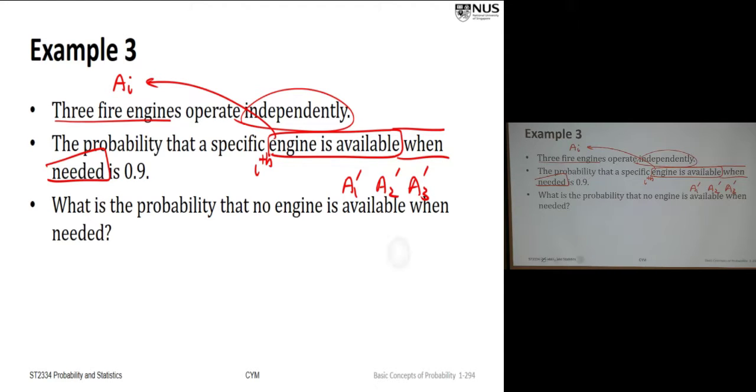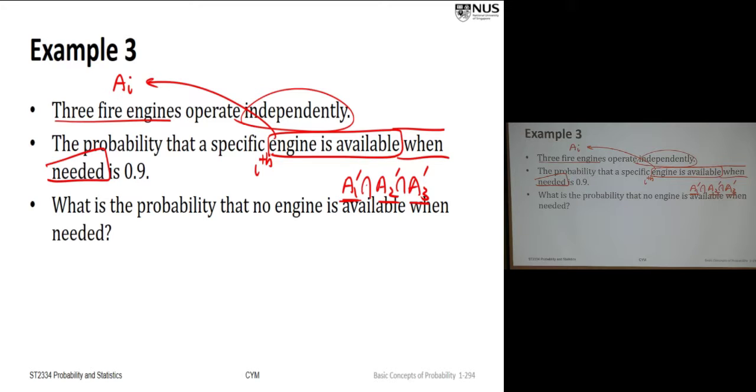So we need all these 3 to happen together. Am I right? No engine available means A1 is not there when I need it, A2 is not there when I need it, and A3 is not there when I need it. How to combine these 3? Intersect or union? I need all of this to occur, so I need the intersection.